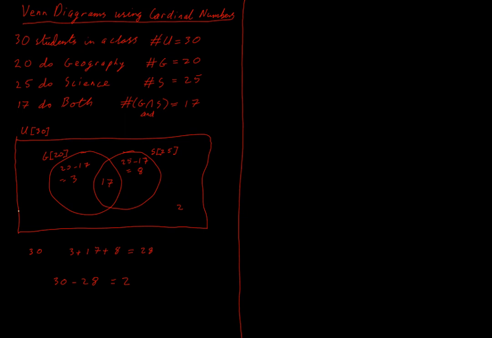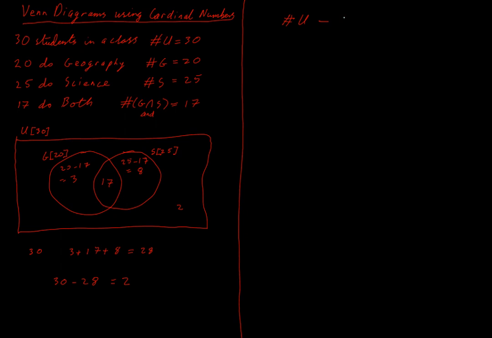Now let's see if we can write this in a slightly more mathematical way, because I've just written down numbers almost randomly on the page, and we want to get to a stage where we're able to use maths properly to describe what we're doing. So let's take this. The number of people in the universe was 30, and we want to take away the number of people who do geography or science.